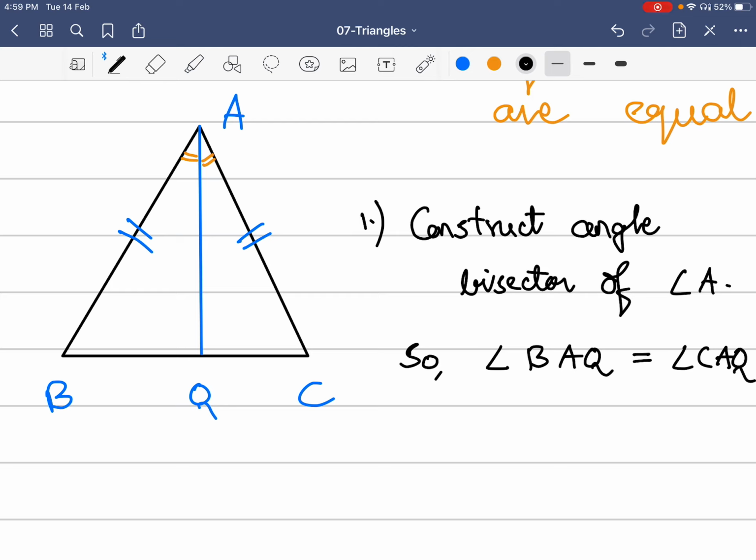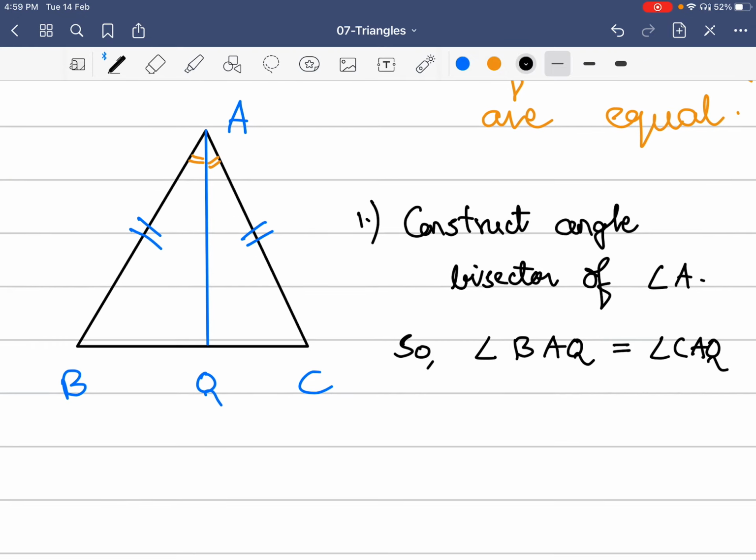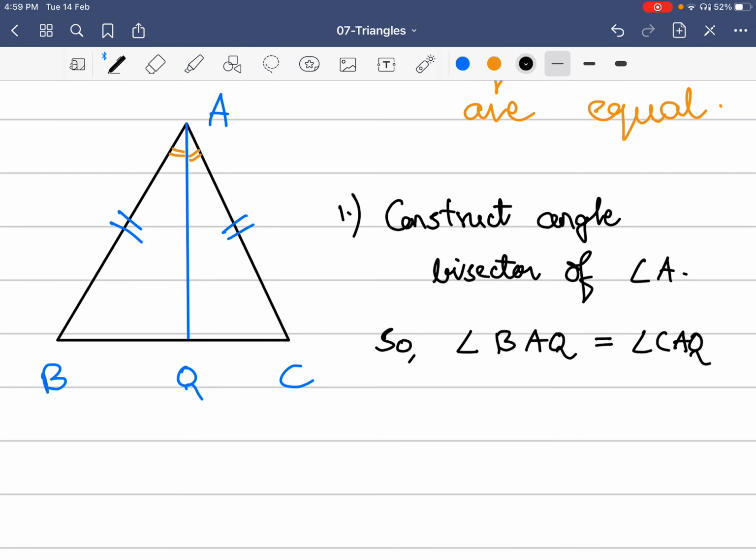This is important. This is by construction, because it's an angle bisector.